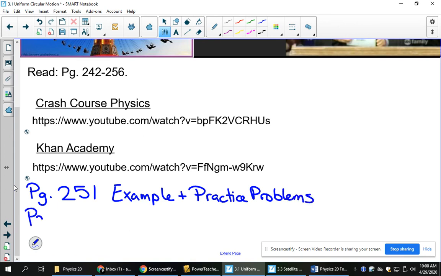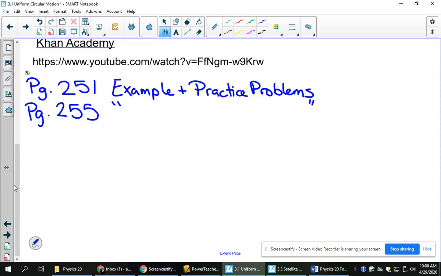I need you to do the same thing on page 255. And finally, I need you to do the same thing on 256, example and practice problems. There are answers given, so check your answer. And if you're not getting the right answer, don't hesitate to send me an email. I can write up a solution and send a picture to you.